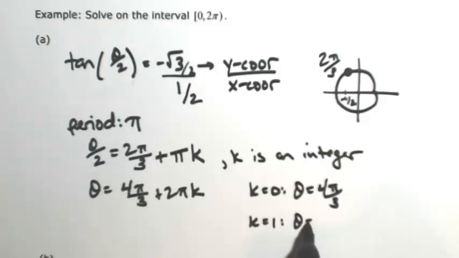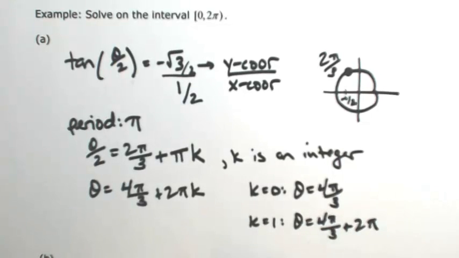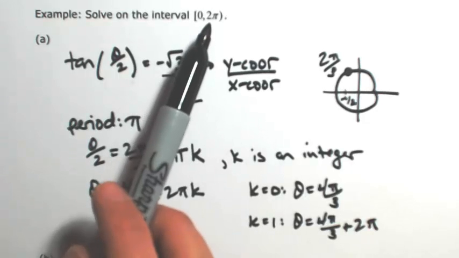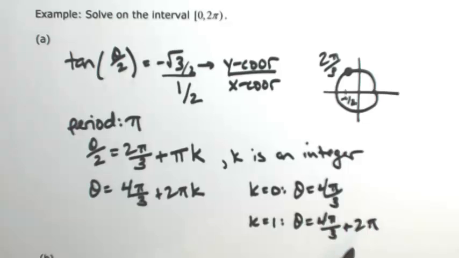Then theta would be 4 pi over 3 plus 2 pi, because k is 1. But keep in mind that the interval stops at 2 pi. If I take 4 pi over 3 and add 2 pi, this is already more than 2 pi. So while this is still an answer, within the interval it is not. I'm going to cross that out. If I add another 2 pi, it's going to be even further outside the interval. So I don't want to keep adding positive k's.